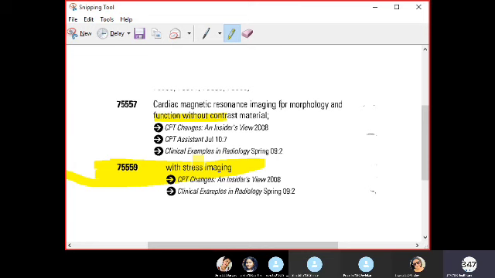So next one: which routes are considered with contrast? Contrast material administering, right? In which route is it considered with contrast? Intravenous. And IM, I guess.